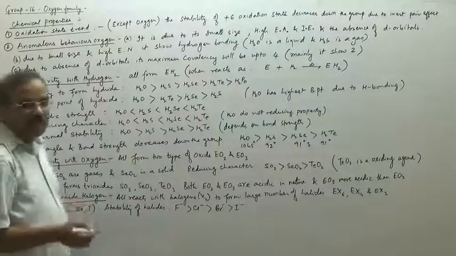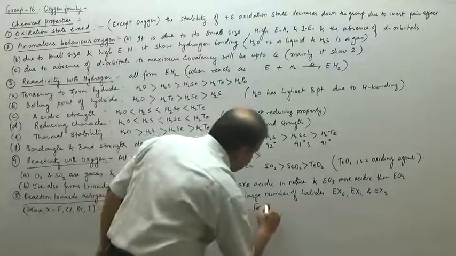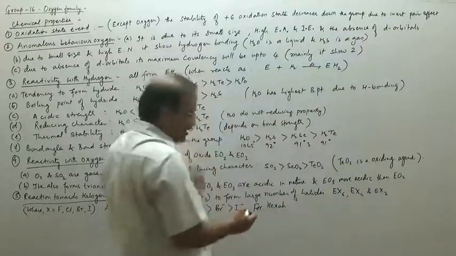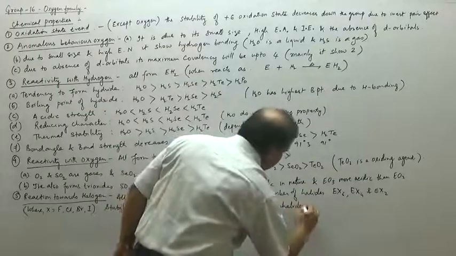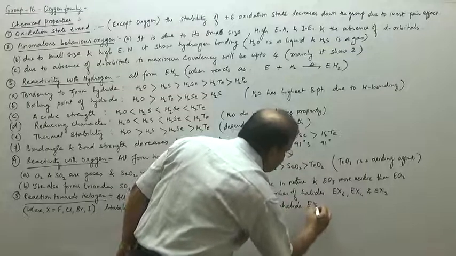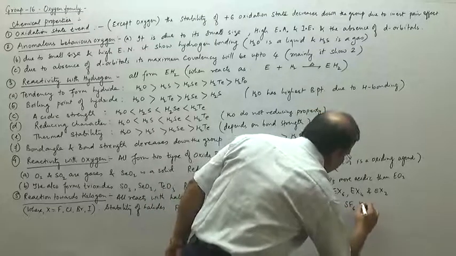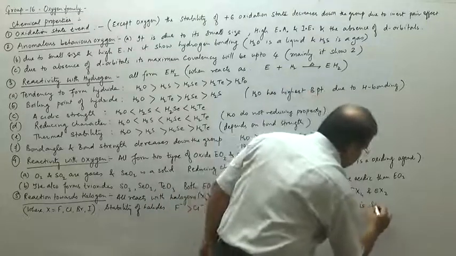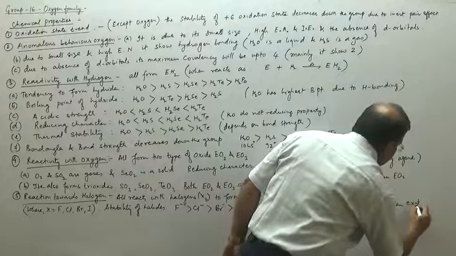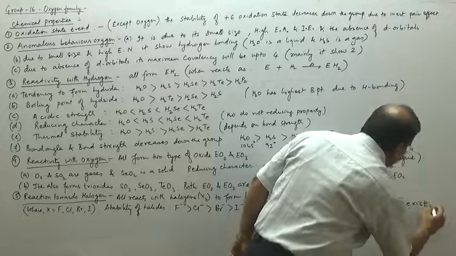And among hexahalides, only the fluoride exists, that is, only SF6 is stable and can exist as a free molecule.